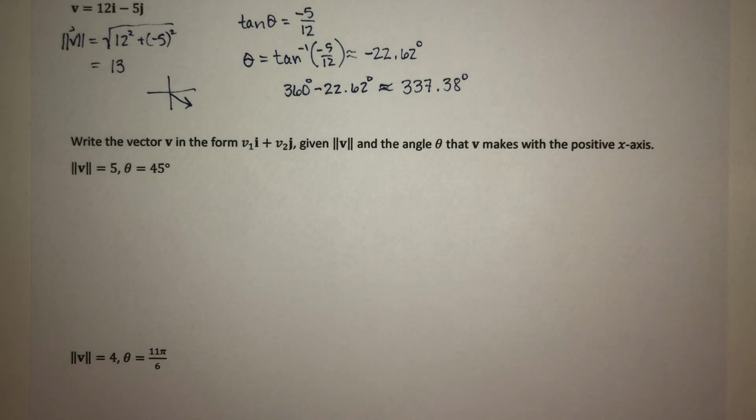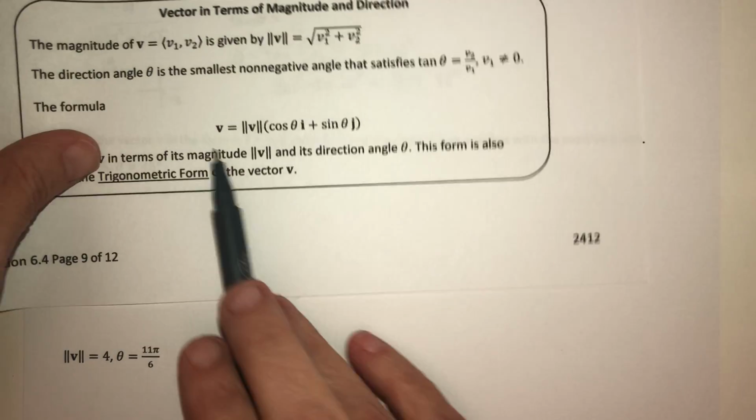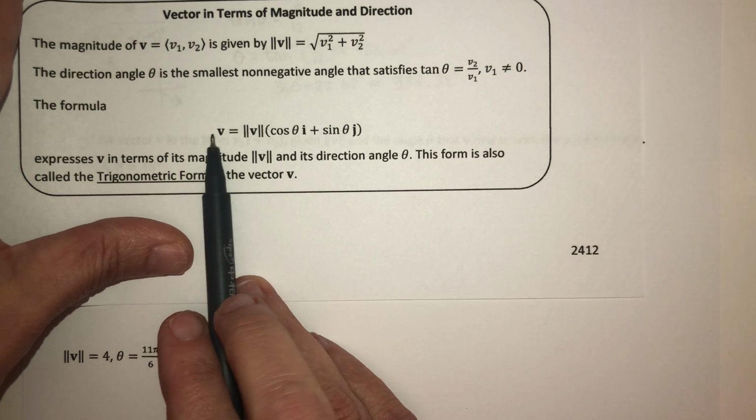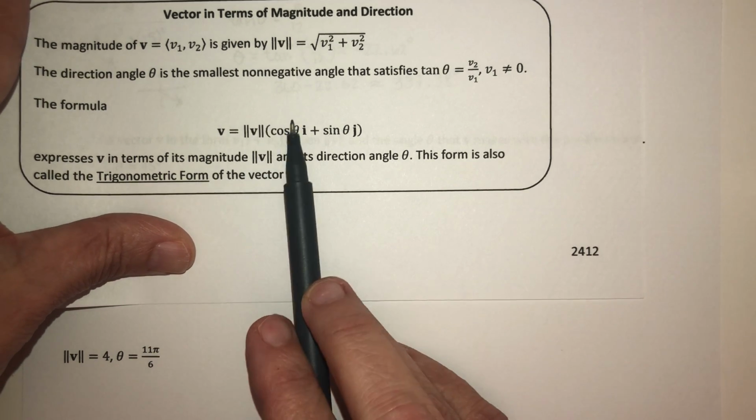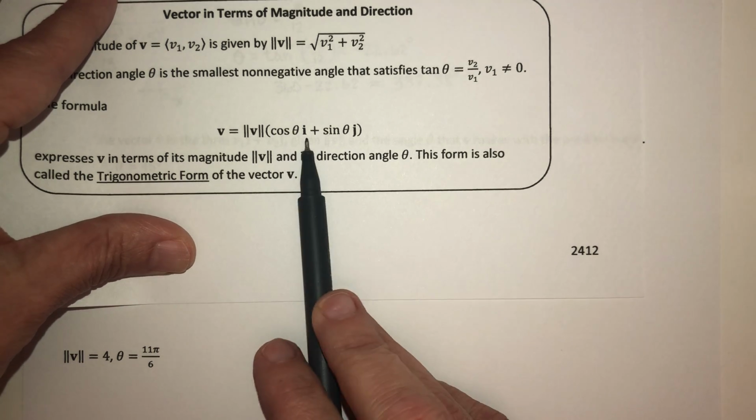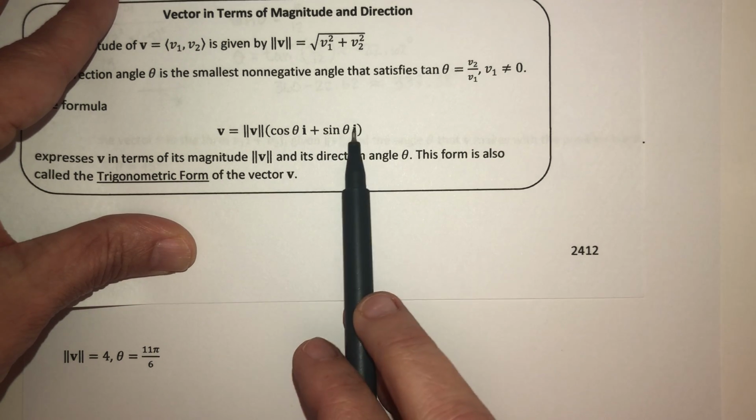Okay? And remember that our vector v is defined as the magnitude of v times cosine of that angle, i, plus sine of that angle, j.